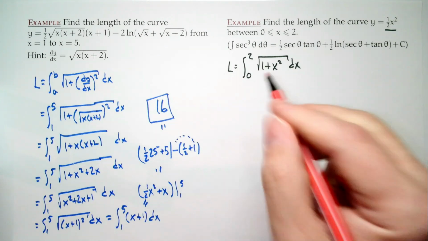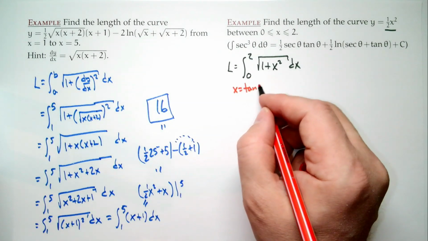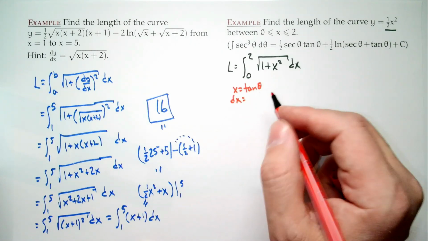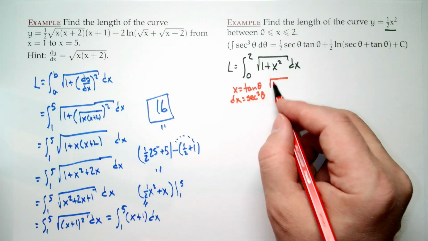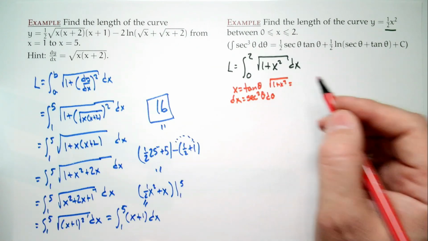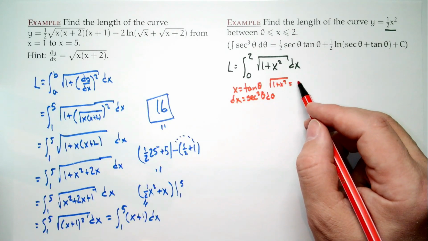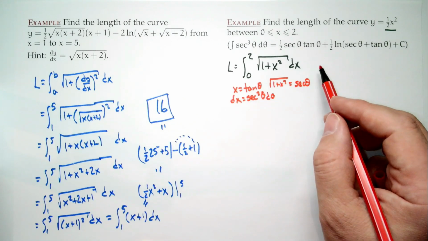All right. So what is our substitution? It's x equals tangent. What does dx become? Secant squared d theta. I forgot my d theta. The square root of 1 plus x squared, what does that become? It becomes secant. All right.